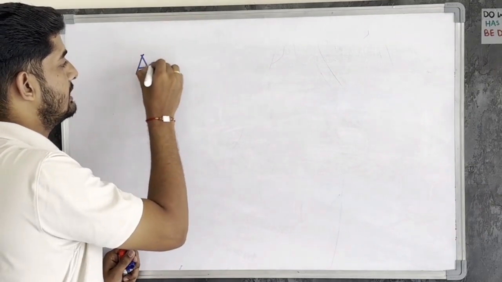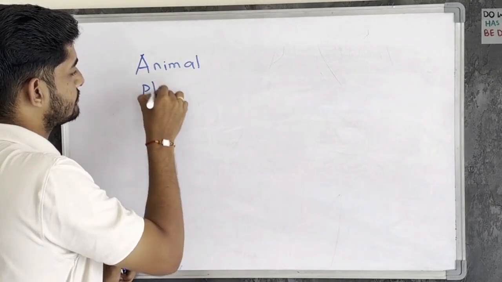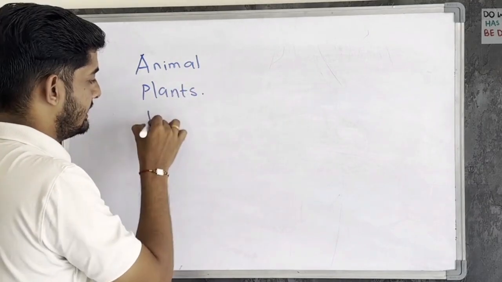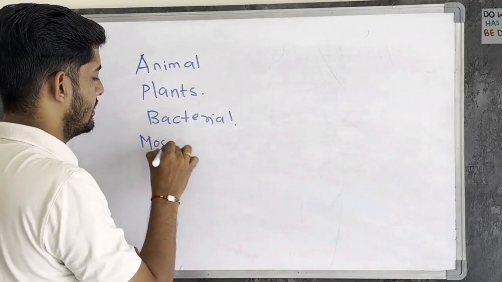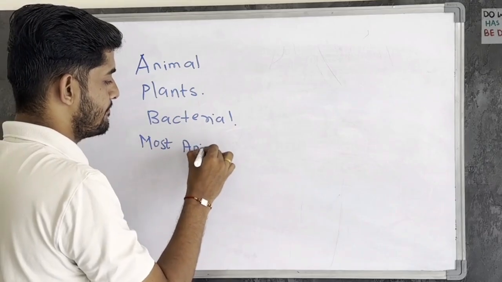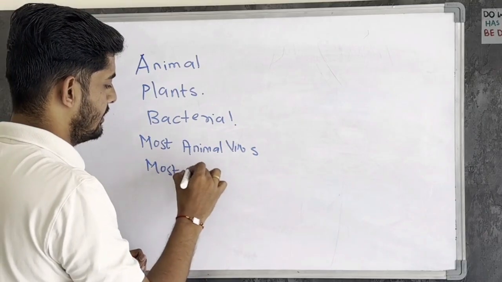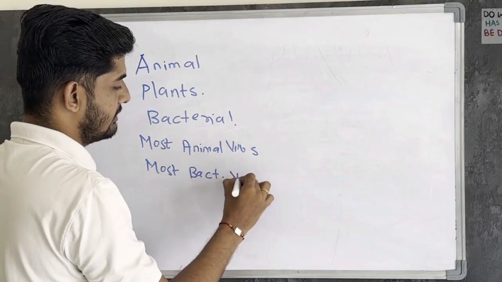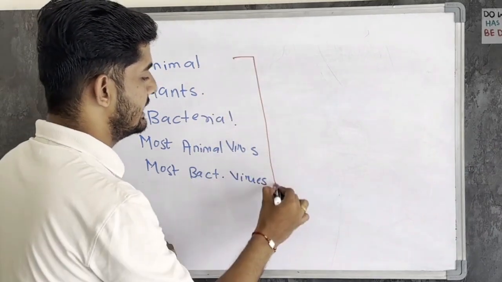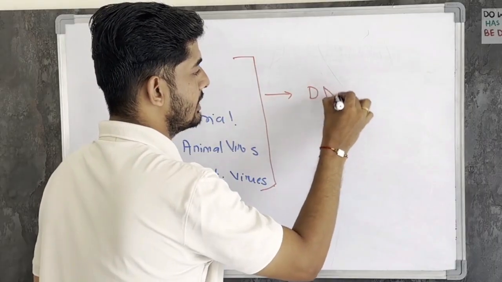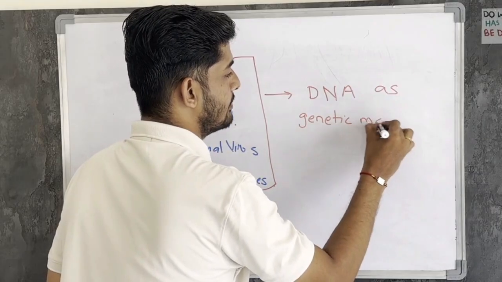All animals, like humans, tigers, cats, dogs, plants, bacteria, most of the animal viruses, and most of the bacterial viruses, all these will have DNA as their genetic material.